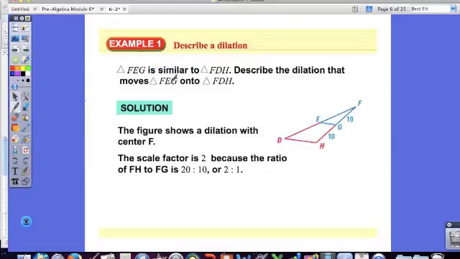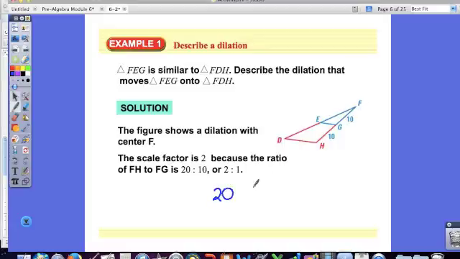So let's look at some examples. They tell us FEG is similar to FDH, this larger triangle. Describe the dilation that moves FEG onto FDH. So the original FH is 20.